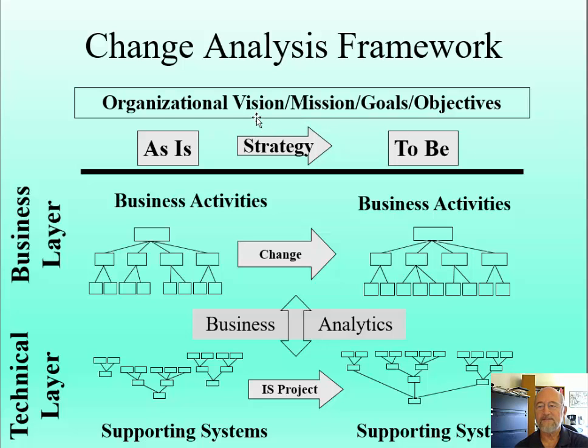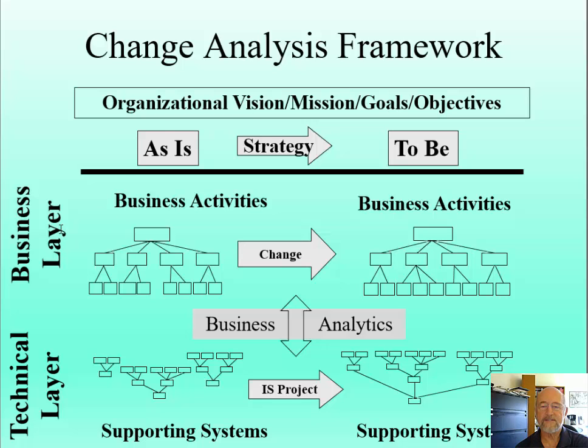So if you look at this framework, you can look at it in terms of three rows. The row up here at the top, middle row, and the bottom row. The top row is really the organizational strategic layer. You have the organizational viewpoint. So this would be top management viewpoint of organizational strategy, developing the vision, mission, goals, and objectives.